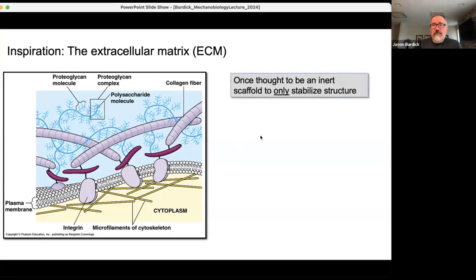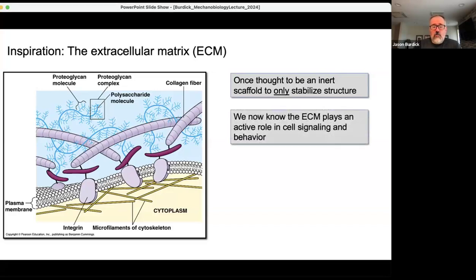ECM was once thought to be fairly inert, just holding your cells together into different structures, and thought to only really stabilize that structure. I think we learn more and more about the signals that come from the extracellular matrix and how those play a very active role in cell signaling and their behavior. That's particularly important in mechanobiology.